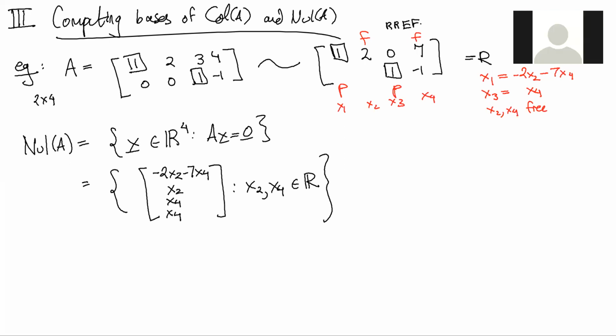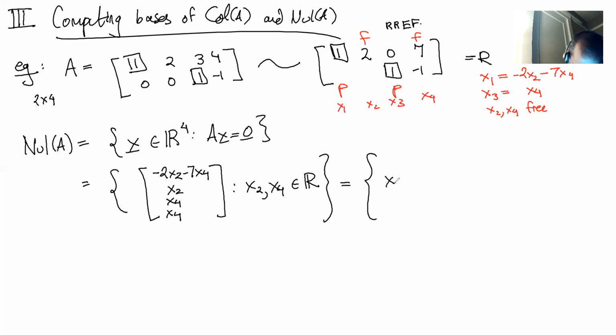I think maybe you can write it as the linear combination of x2 and x4, and it will be a span. Yeah, so the idea is that x2 and x4 are free variables, right? So I can just rewrite this by pulling the x2 and x4 out.